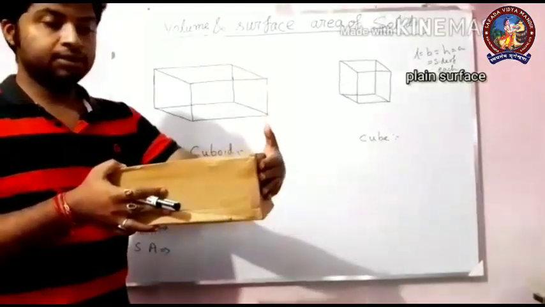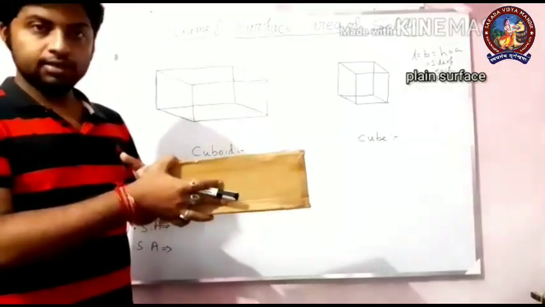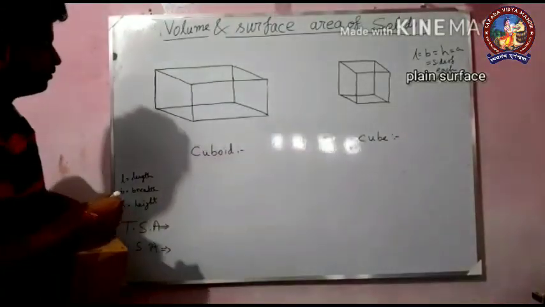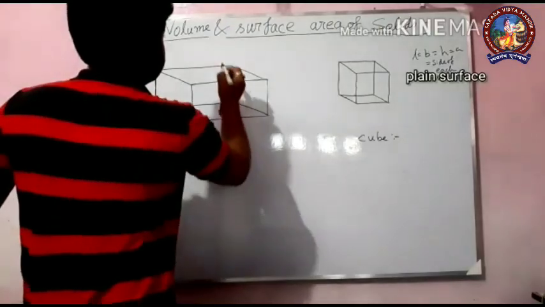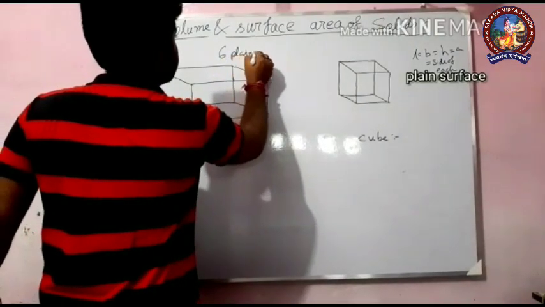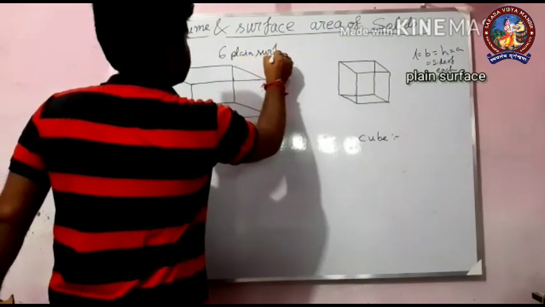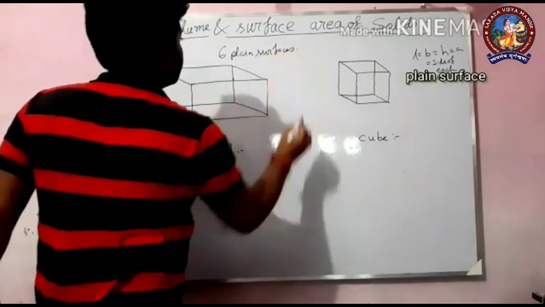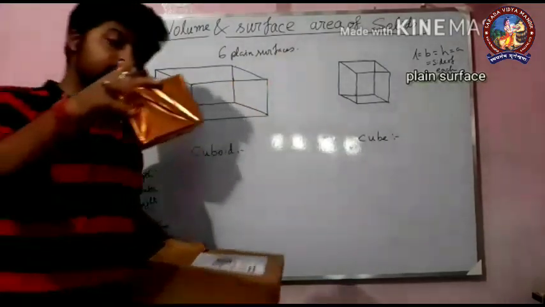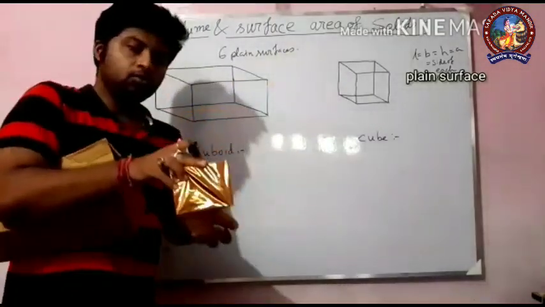And the surface at the left hand side and at the right hand side are also similar. So in total we have 6 plane surfaces for the cuboid.